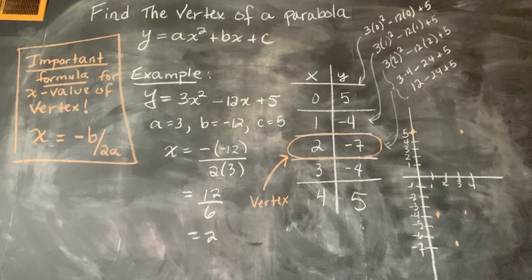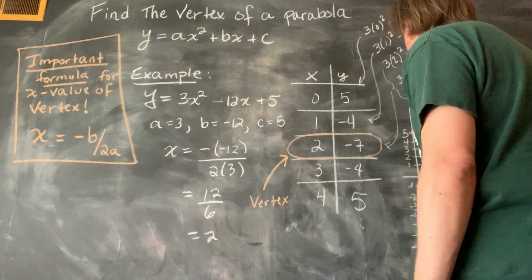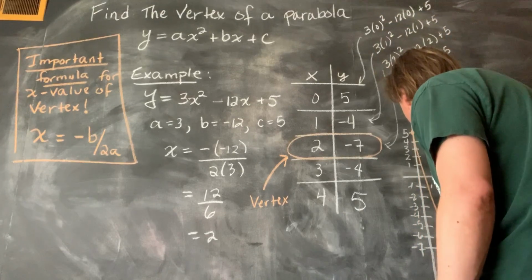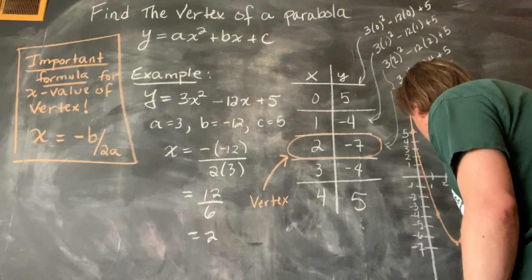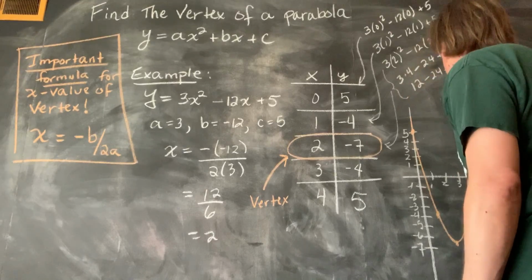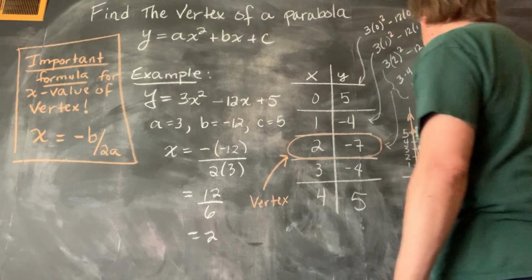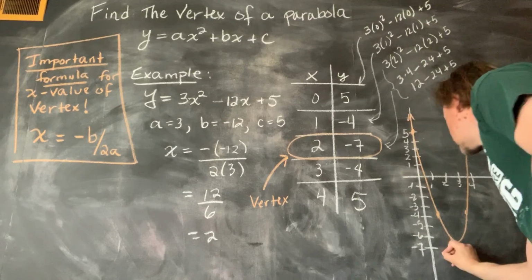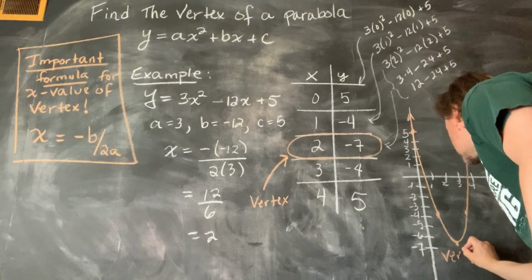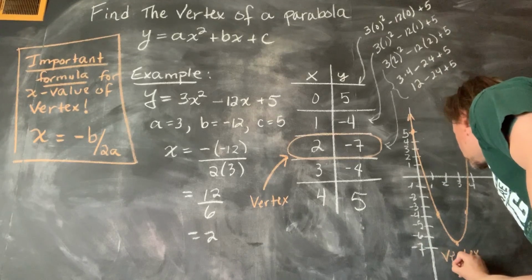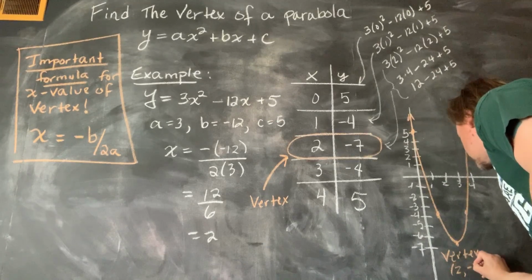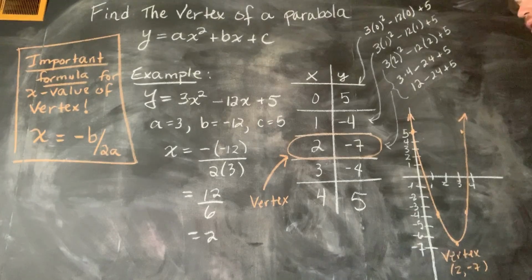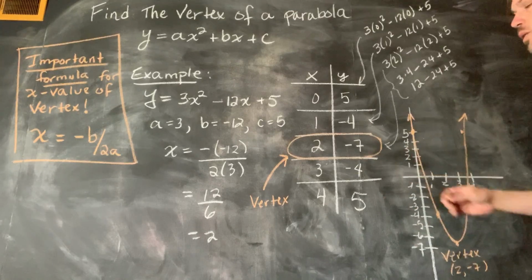So I'm going to connect all of those dots now, and when I do, I get this curve, which is a parabola, and you see my minimum value down here. That's the vertex, which is 2, negative 7, which was the whole point of this exercise, to be able to find it, but you can also see how we graph it as well.